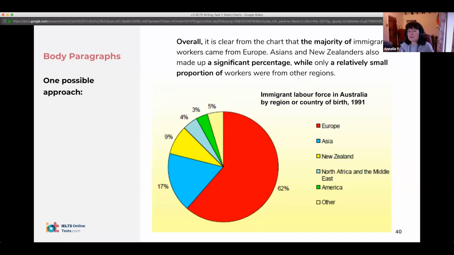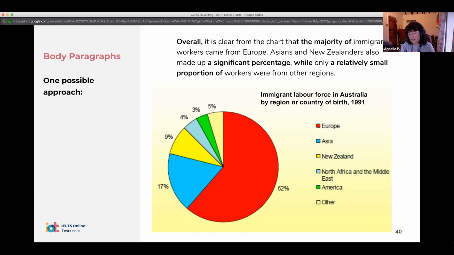So, Ankit is already with us. What kinds of approaches could you use? If you think about 2 body paragraphs, how could you divide up this information? So I think Ankit's got one. You could start with the largest. So have one paragraph with the large numbers, or the highest numbers, and then one paragraph with the lower numbers.